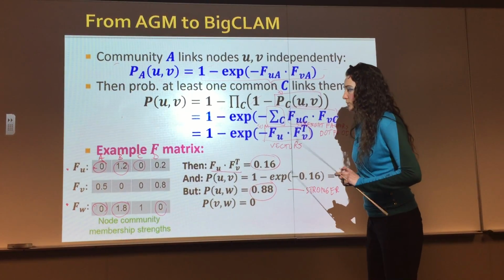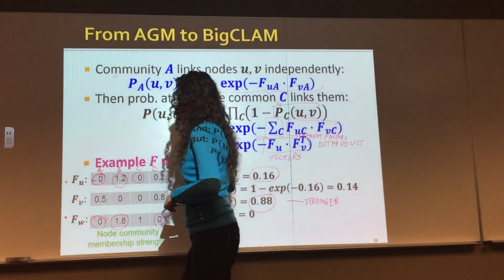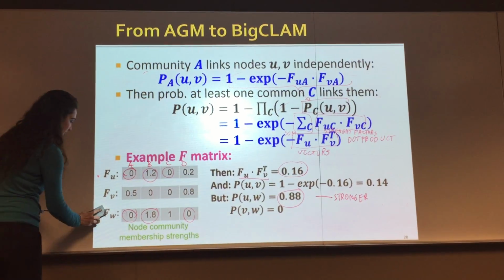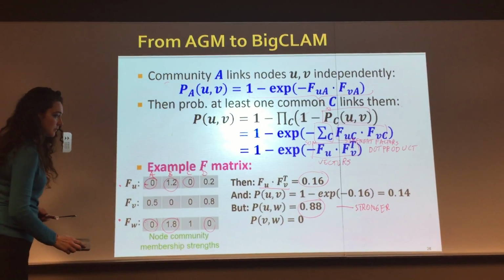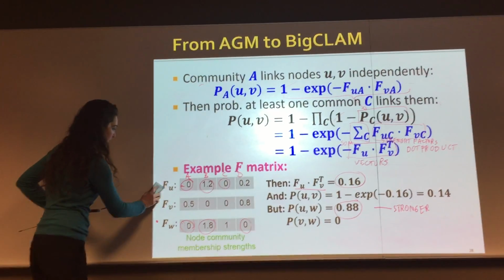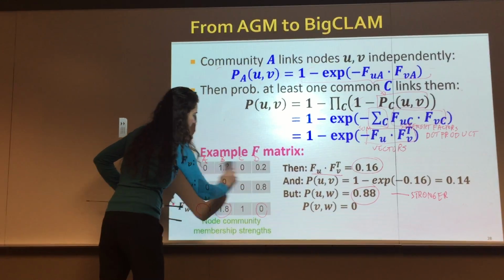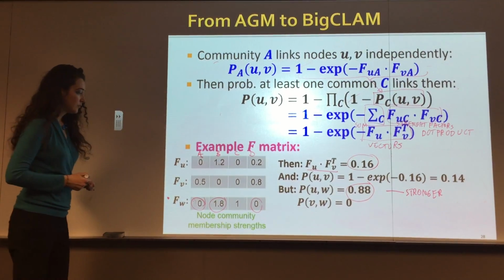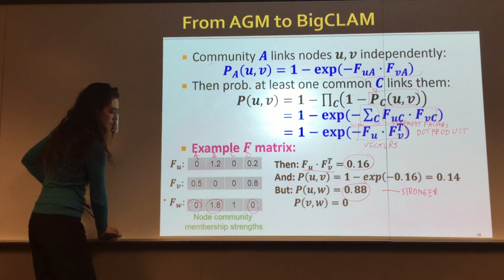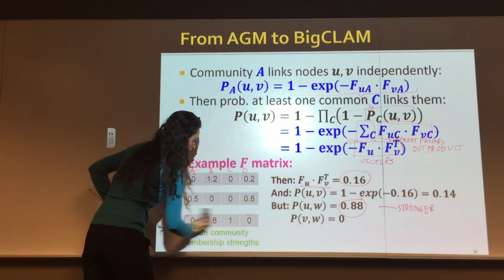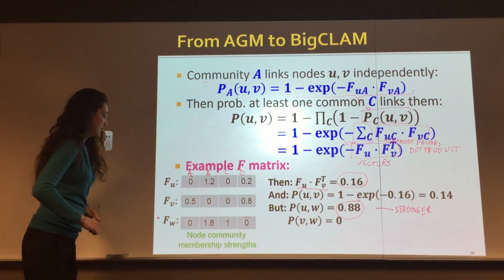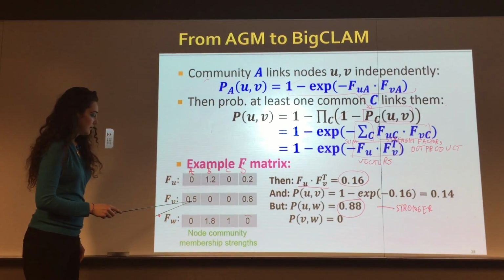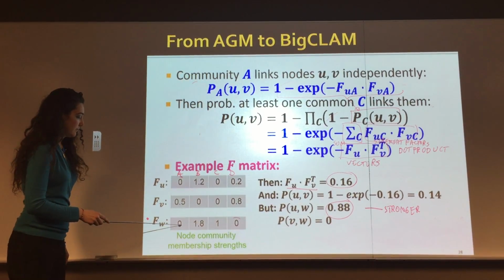And what you will notice for V and W is that they have no common communities, because for A, this one is not a member.